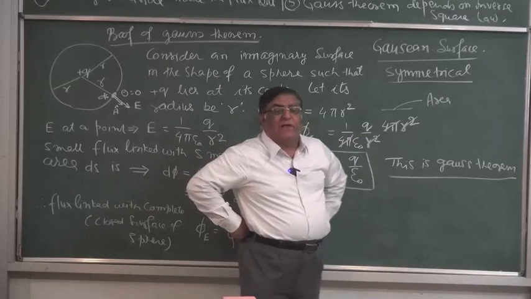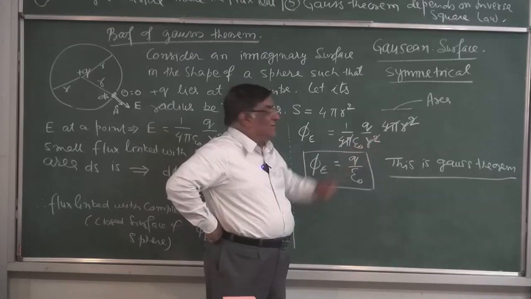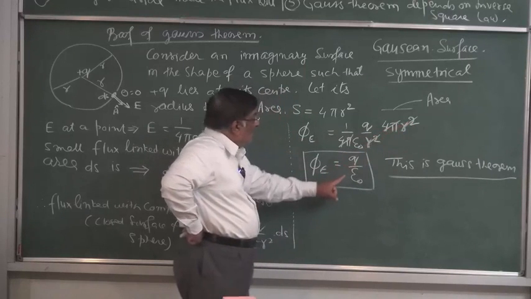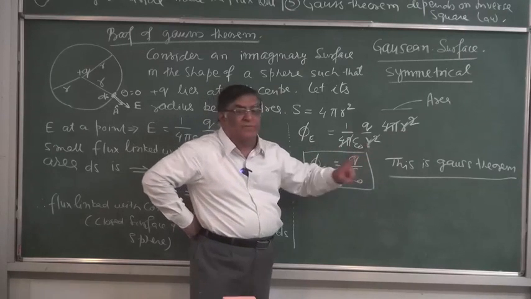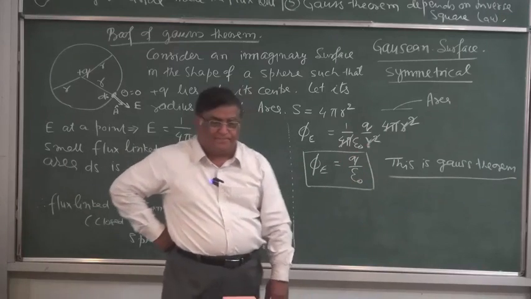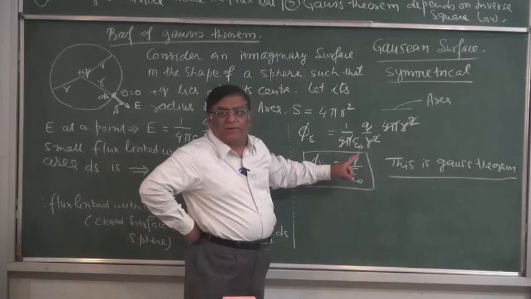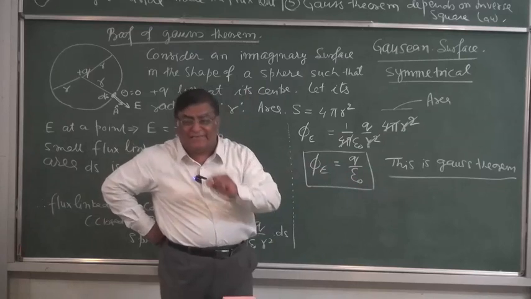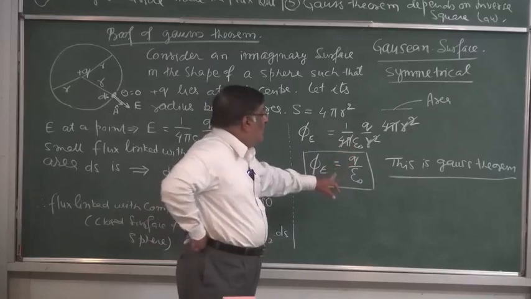Now suppose electric field does not follow the inverse square law and there is a power 3, or a power 4. Will it cancel? It will not cancel. If it does not cancel, then r will appear here, and the present form of Gauss theorem is changed. So the present form of Gauss theorem depends upon what? It depends upon the inverse square law. Because electric field follows the inverse square law, we have the present form of Gauss theorem.